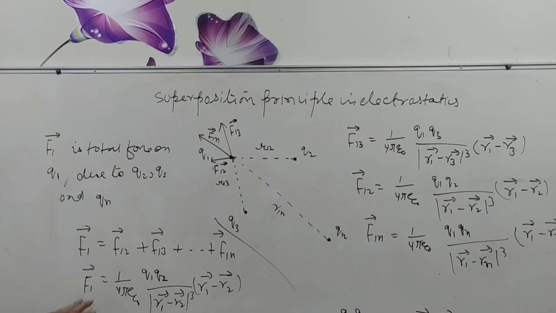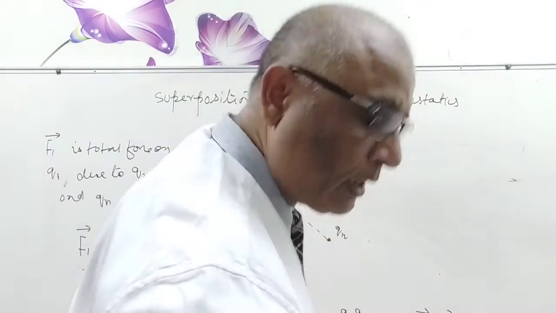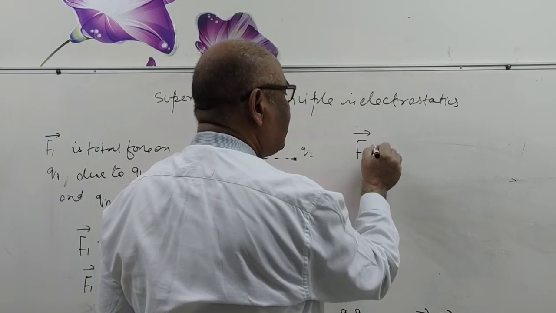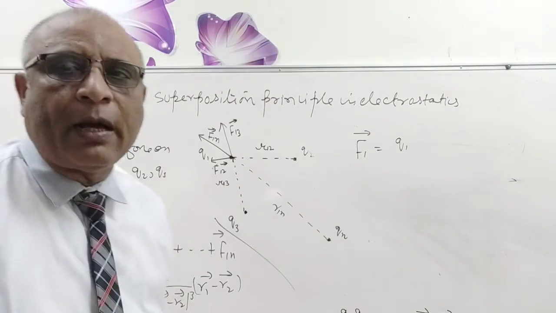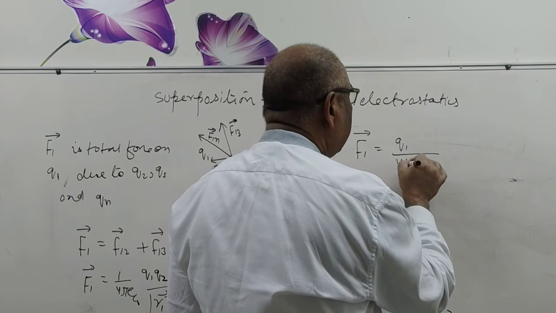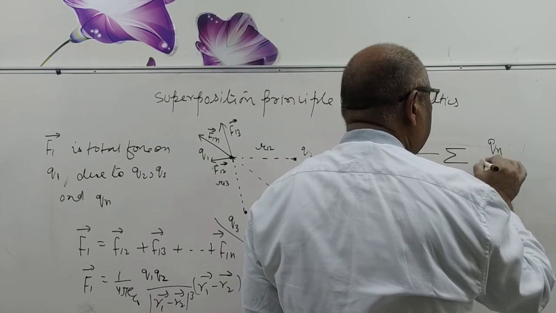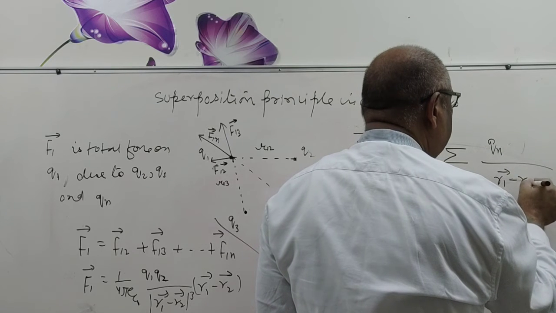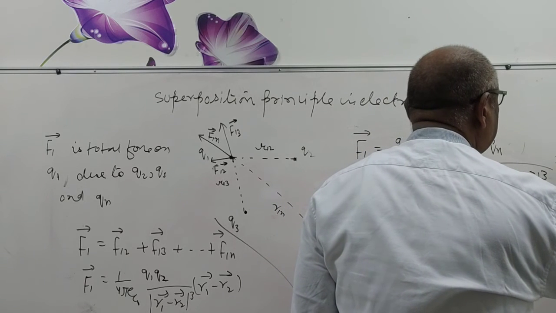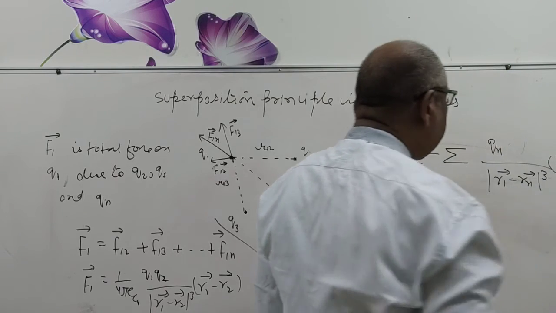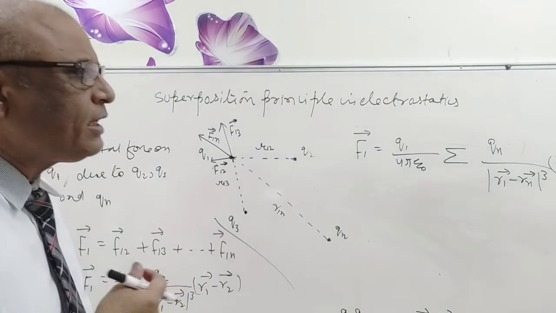Now in the form of a summation, you may write F1 vector equals Q1 over 4 pi epsilon naught, times the summation of Qn times the vector R1 minus Rn, divided by the modulus of R1 minus Rn cubed. Q1 is common to all terms because Q1 is the charge on which all the other charges exert force, so we take it outside. The charges start from 2, because after Q1 it starts from 2.